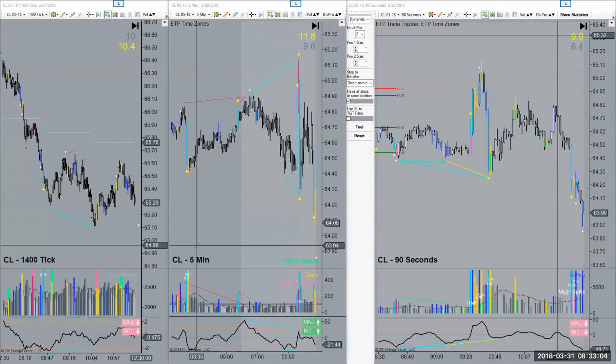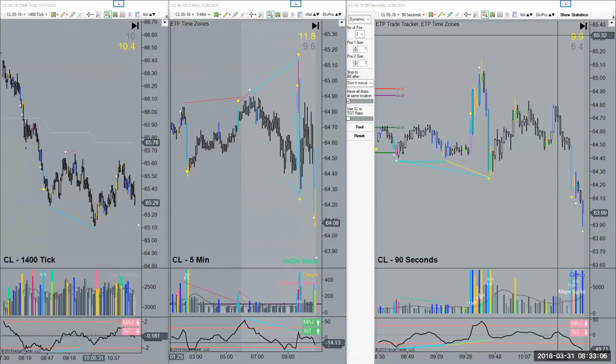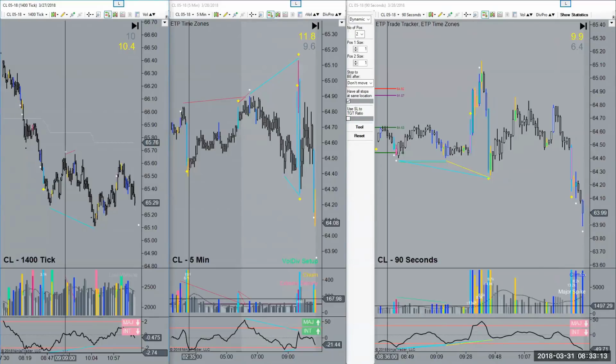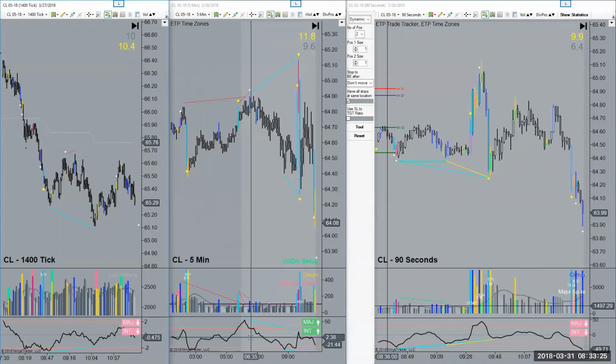Yeah, so to answer your question, Bruce, I'm using a TSI, True Strength Index, on the minute charts, the time-based charts, and then I'm using balanced momentum on the non-time-based charts. So TSI rather than RSI, because the TSI is somewhat unbounded.